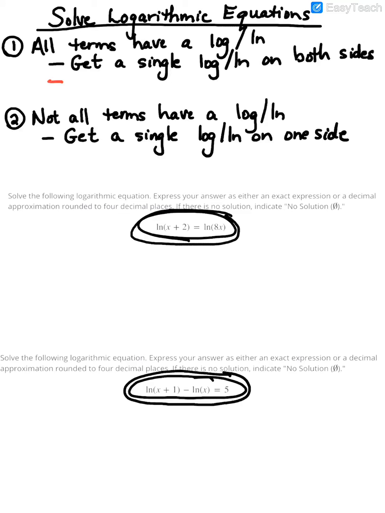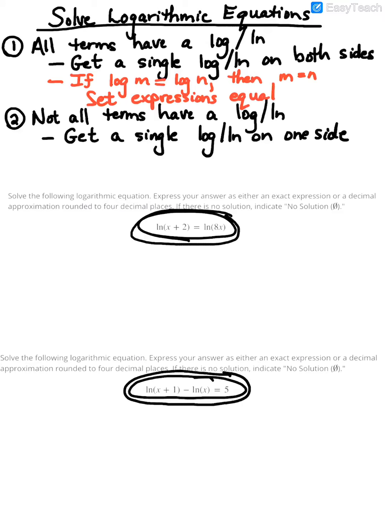Okay, so once you have a single log on either both sides or one side, if it's on both sides, then there's a theorem. If you have the log of one expression equal to the log of another, then you can set those expressions equal. So that's the second step. In this first example, since I already have a single log on both sides, I'm ready to simply say x plus 2 must equal 8x.